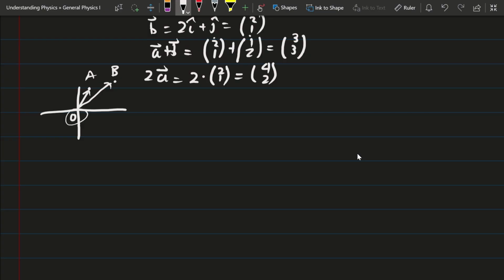And so what is distance? So let's say you move from point 0 to point A, and then you move from point A to point B, the distance will be the length of this added to the length of this. So basically it depends on your path towards there.